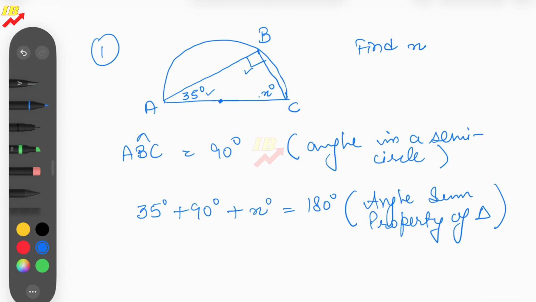I can make a small triangle symbol, or you can write triangle in words. That's also fine.